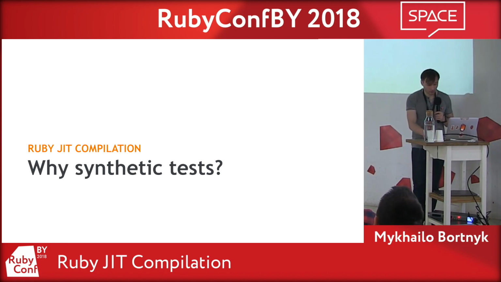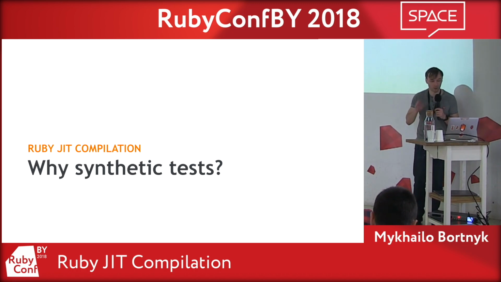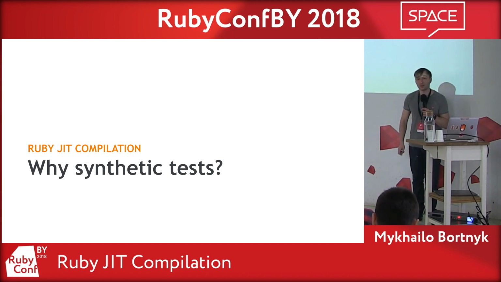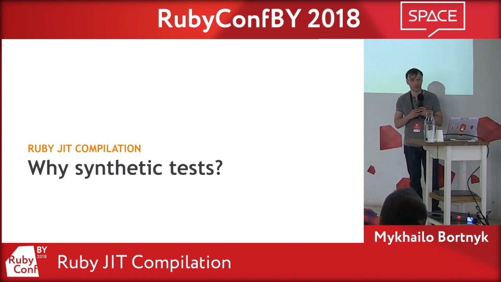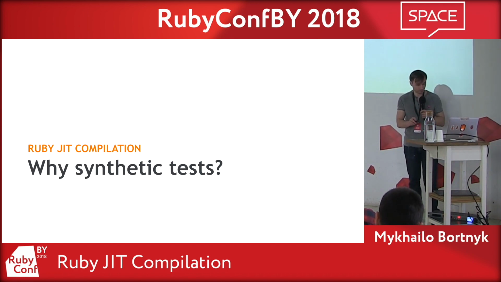And currently, one synthetic test is used widely. It's OptCarrot. OptCarrot is a Ruby NES emulator implementation, commonly used for benchmarks to prove that something is working faster than the regular Ruby implementation.